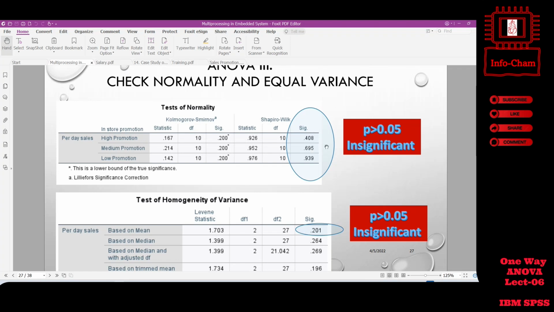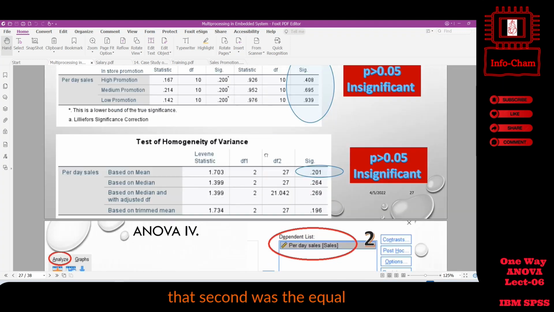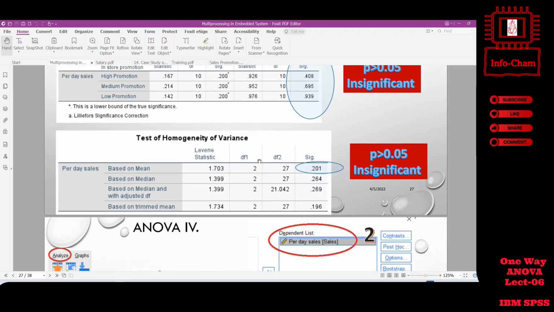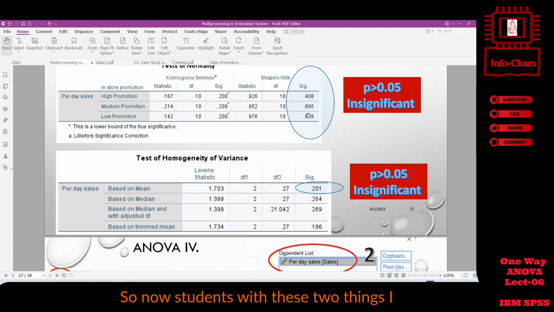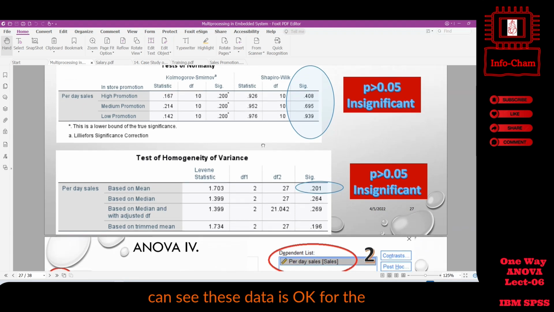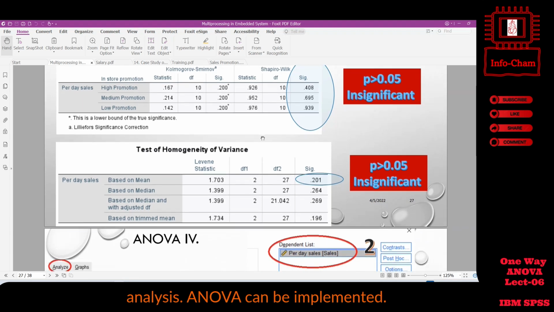Why? Because the data is normal and we have proven that it is good. The three categories are good. Second was equal variance. It is also good based on the average mean value. So students, with these two things, I can see the data is okay for the analysis.